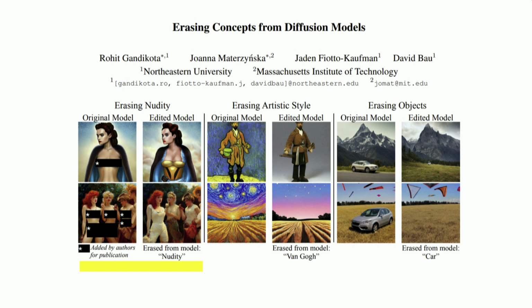And then another example is being able to generate art that's not for a particular artist. So for example, erasing the artistic style of Van Gogh, not being able to generate or style your image using Van Gogh style.